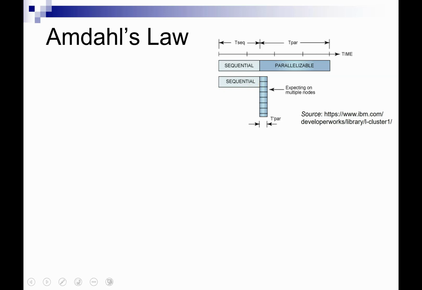But the parallelizable part, if you have many processors, you can divide among your processors and run all of these parts in parallel, and here you do get a speed up. Then the total running time in the parallel setting is the sum of these two parts. So that's sort of a proof of Amdahl's law.